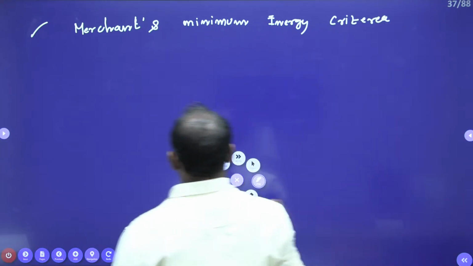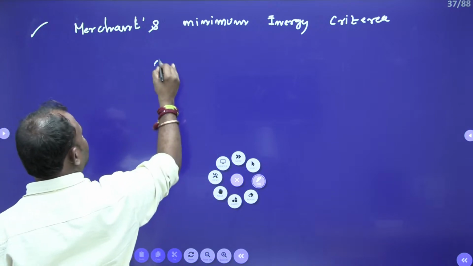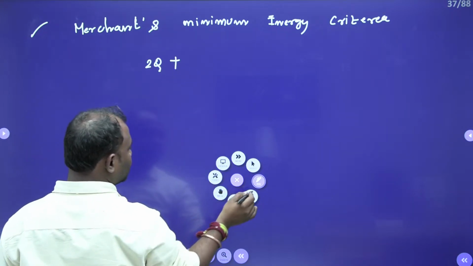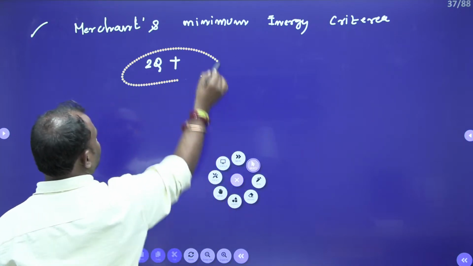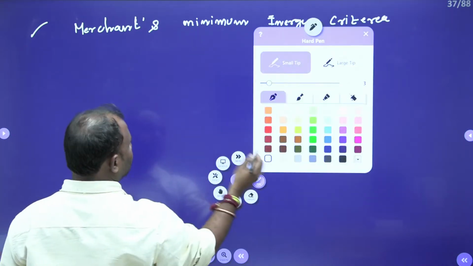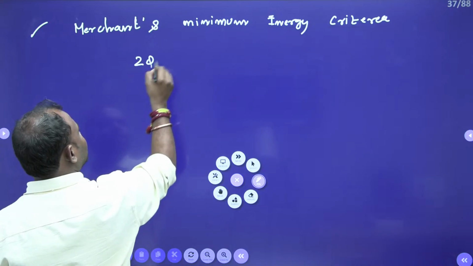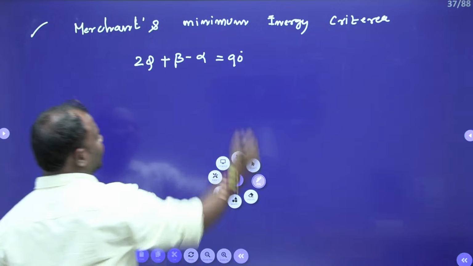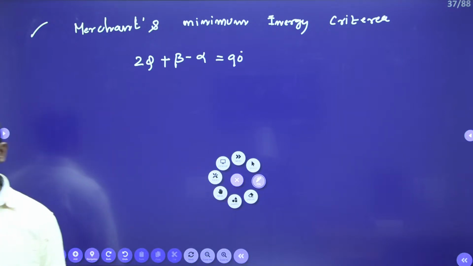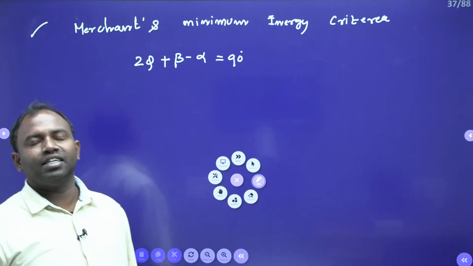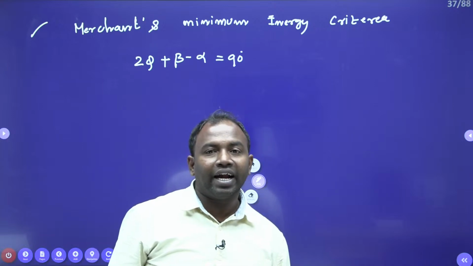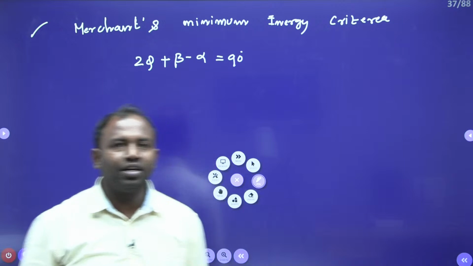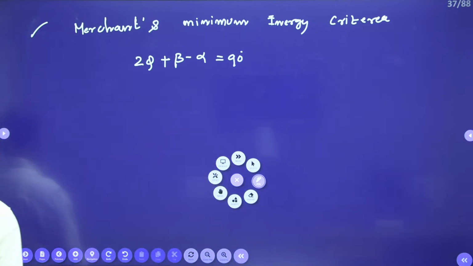That is: 2phi plus beta minus alpha is equal to 90 degrees. This is called Merchant's minimum energy criteria. If this relation is satisfied, then the minimum energy required for proceeding with the machining operation comes under the minimum energy criteria. Clear, everybody?